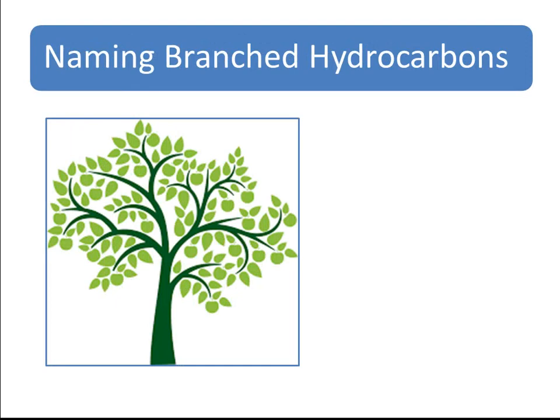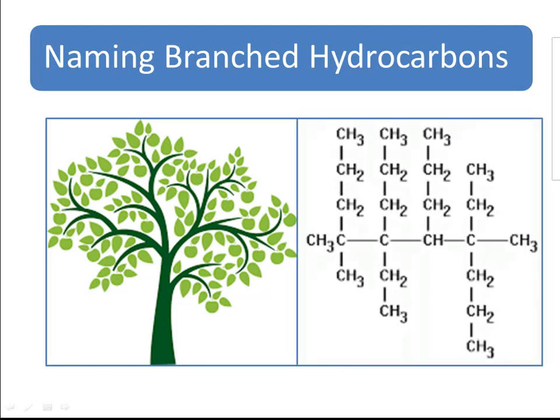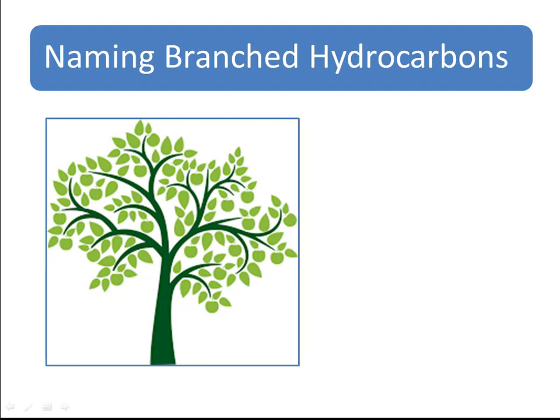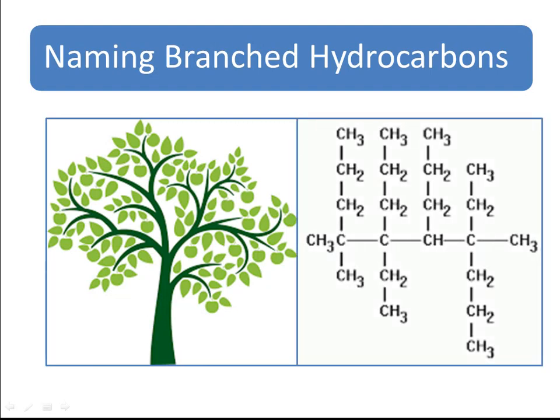So when we're talking of branches, some books might call them substituted hydrocarbons, because you'd have removed a hydrogen from the chain and put another side chain where there was a hydrogen. Okay, so when we're looking at hydrocarbons generally, we have a situation like this here where we've got side chains.